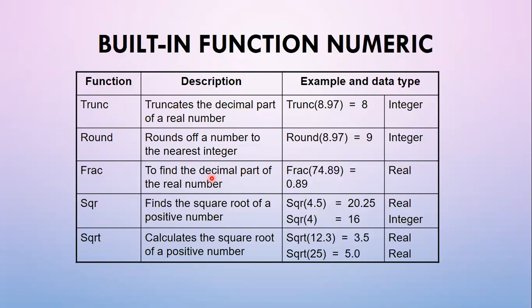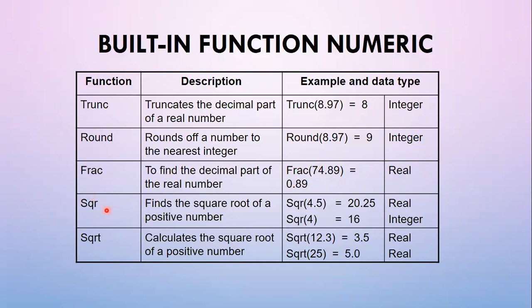So if I have Frac 74.89, it is going to drop the 74 and only display the .89 for me. But here, do you see, it is a real. Okay, so I want you to copy this information down into your notes. This slide is extremely important.